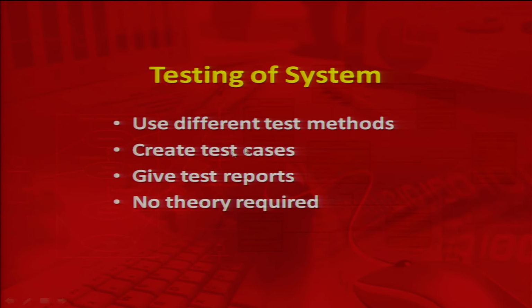One thing which is very important: there is no need to write theory in the project report about testing, because you have done enough theory. You have already done theory in different theory courses, as well as appeared for the examination for that. So, when you are giving your project, it is expected that you show practically how you actually did testing of your proposed system, up to the test report level.